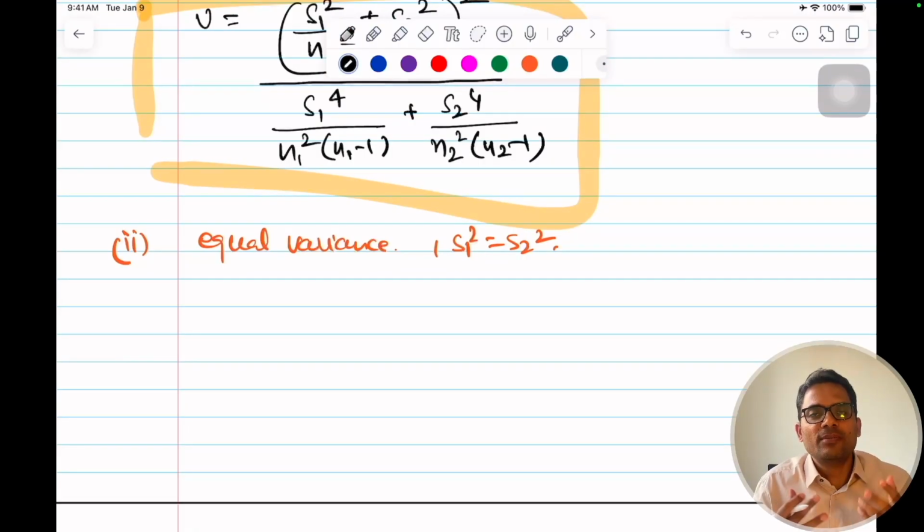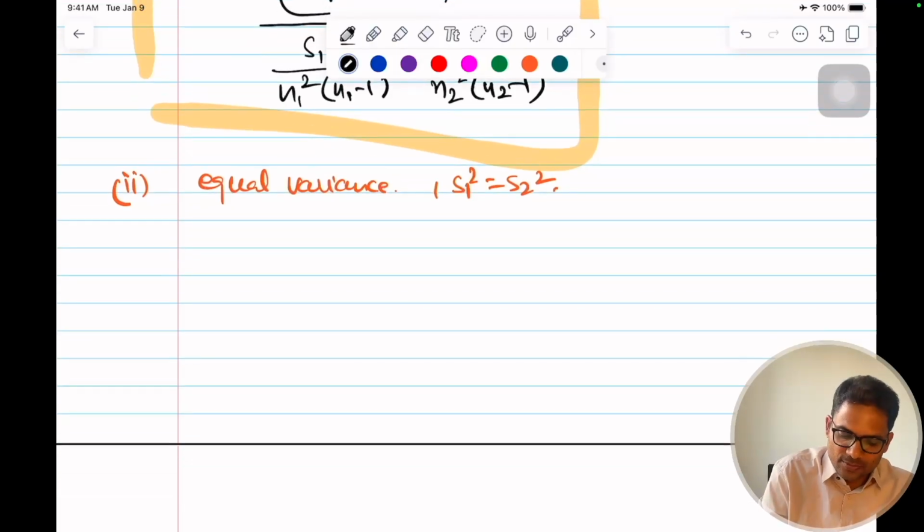Now we create a pooled variance including their degrees of freedom, because the degrees of freedom is included for capturing the variance or variability in the data. How many independent data points are there which can be used for capturing the variance in the data. So this includes all those degrees of freedom also, and you will see the pooled variance formula.